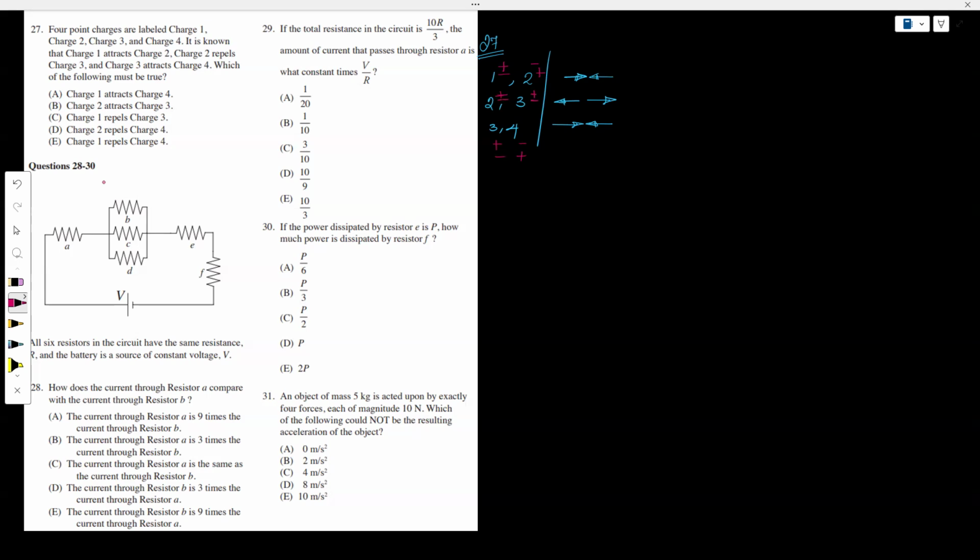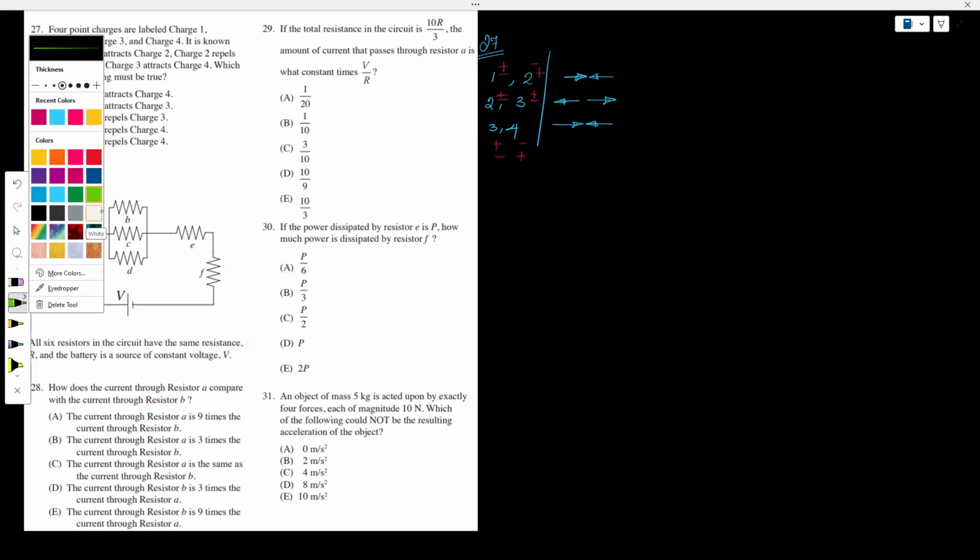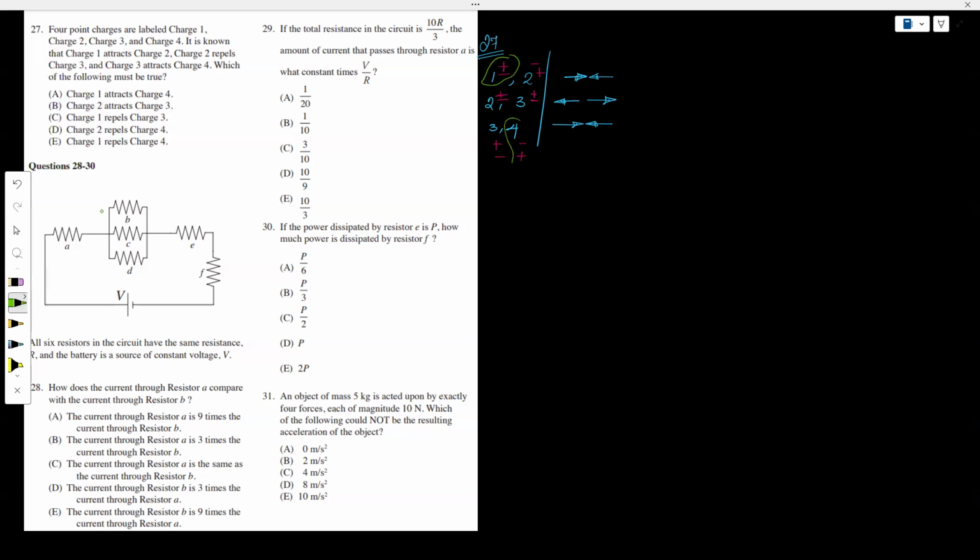So if I pair charge 1 and charge 4, what is happening? Charge 1 could have been positive while charge 4 is negative. Then they are going to attract. If charge 1 was negative, then charge 4 would have been positive.